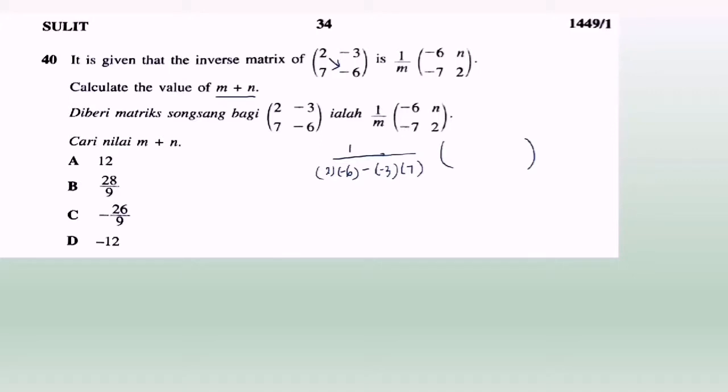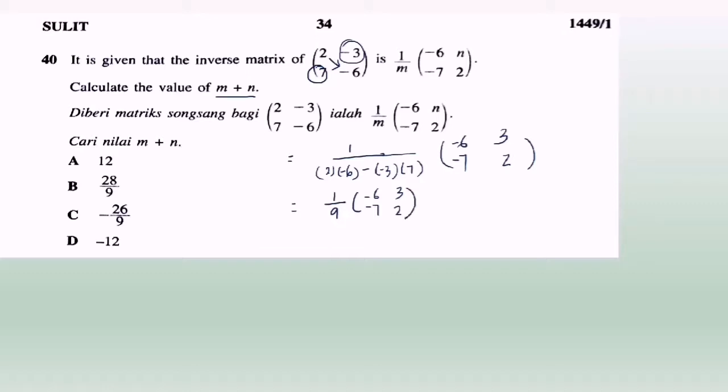Okay, so for this one the negative goes up, the 2 goes down. Then here, -3 becomes +3, 7 becomes -7. Okay, so 1 over 9 times [-6, 3; -7, 2].